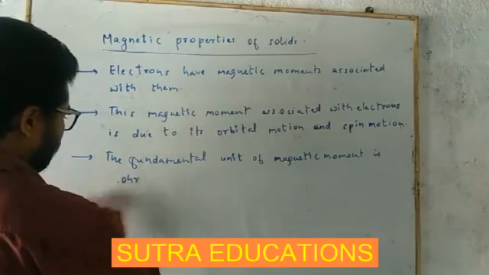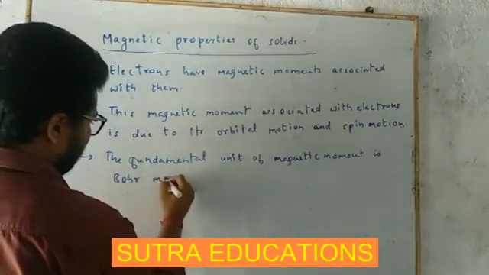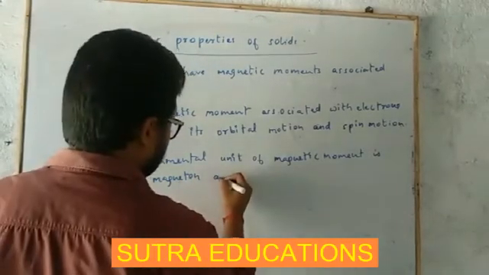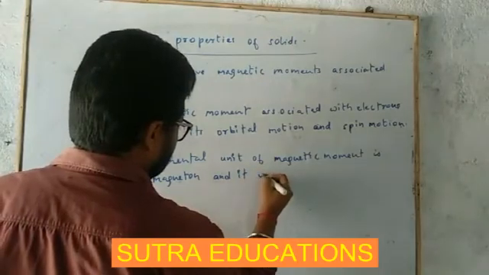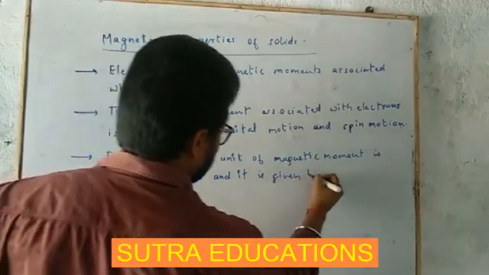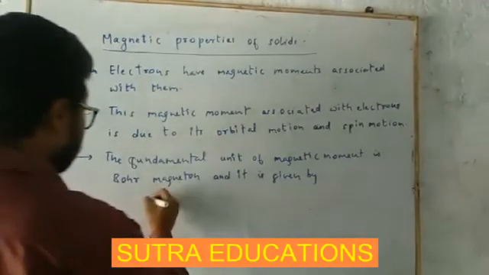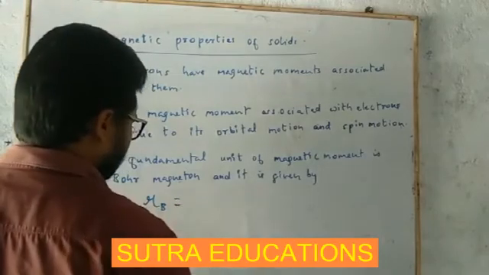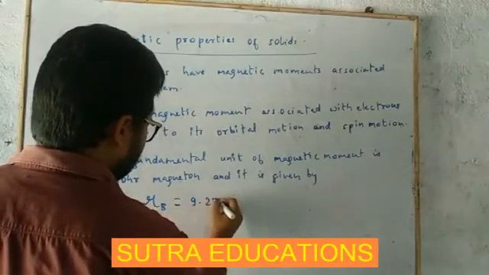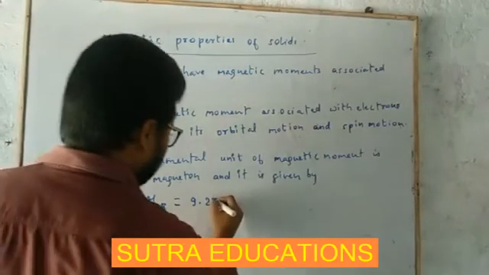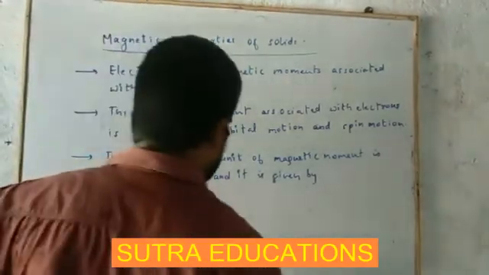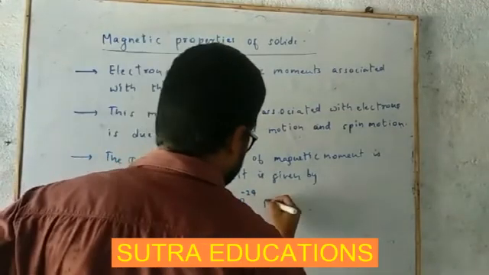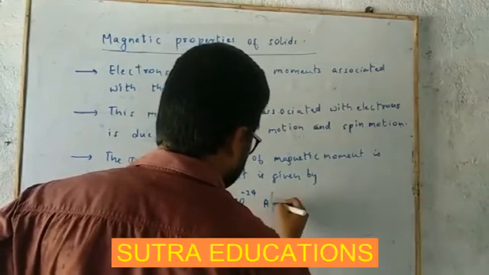Bohr, B-O-H-R, Bohr magneton, and it is given by mu b is equal to 9.27 into 10 to the power minus 24 A m square.